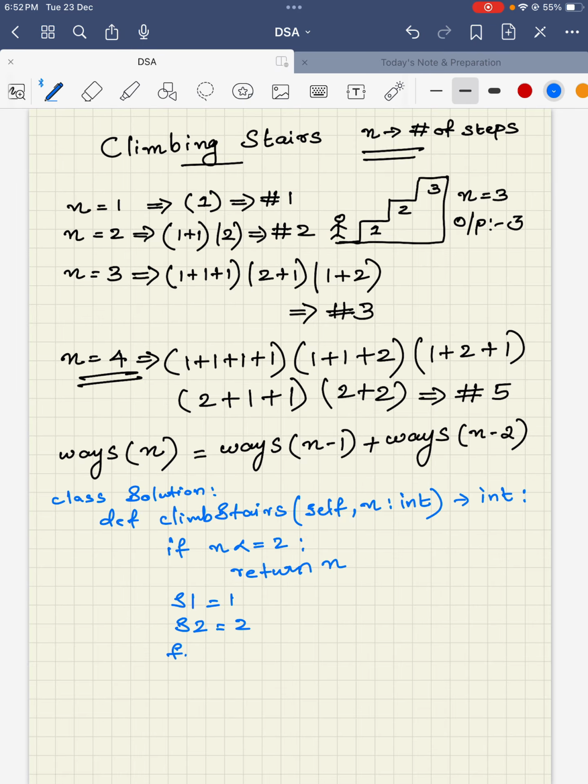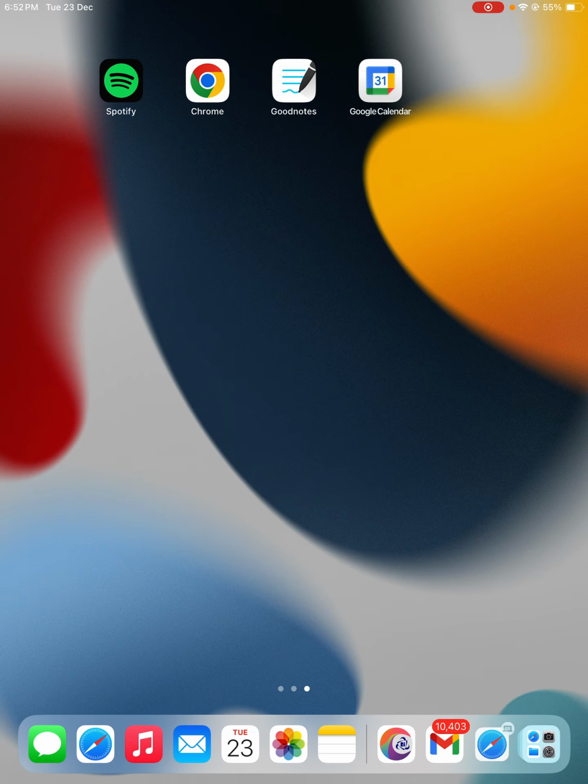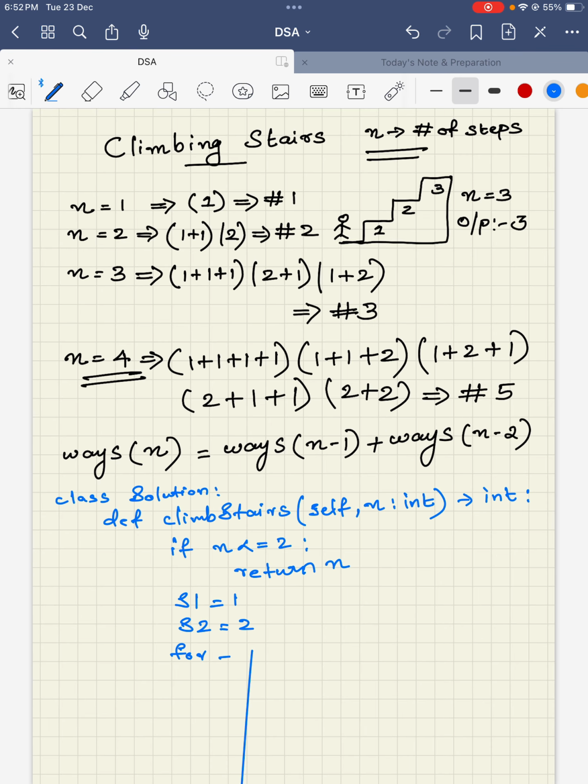Now we are going to iterate for _ in range starting from 3, because anything less than 3 would have already returned n, so we don't need to consider those here. Up to n plus 1, that means up to n, not including n plus 1, that's the meaning.